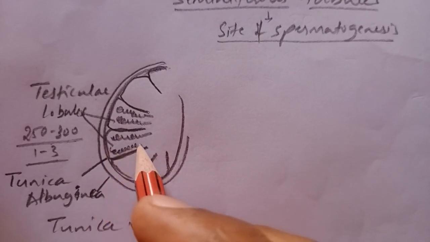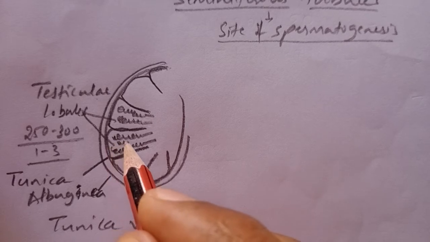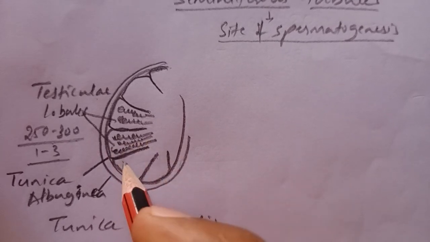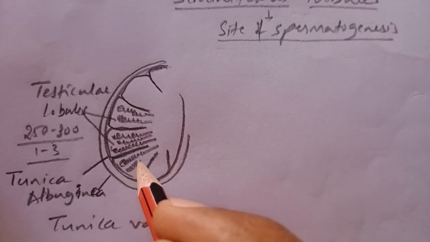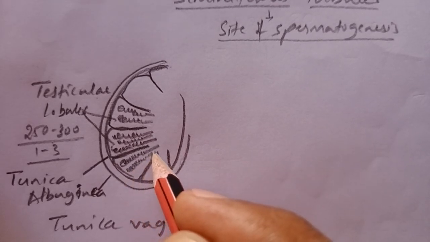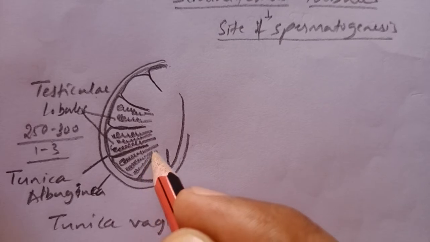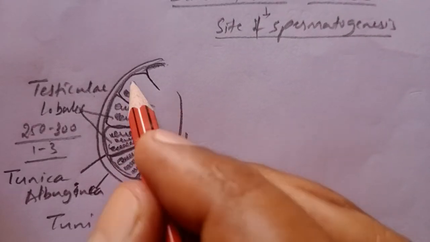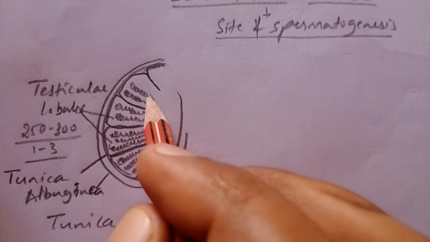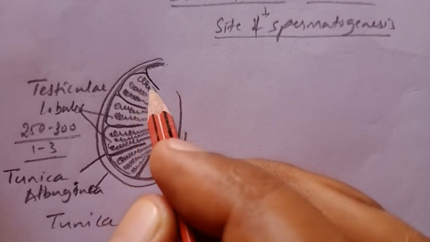These coiled tubules are called the seminiferous tubules, right? In each compartment, in each lobule, there are either 1 or 2 or maybe 3. So these are the coiled tubes I am showing here. You can observe here the coiled tubes.